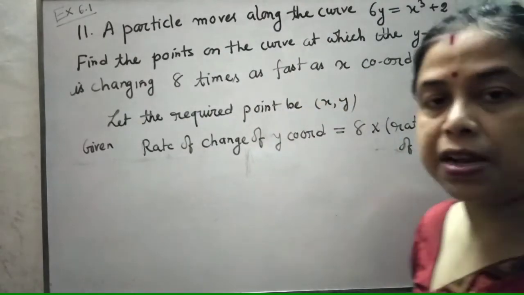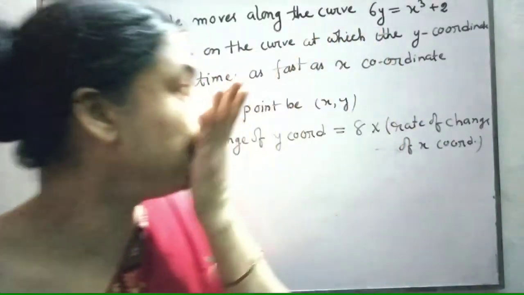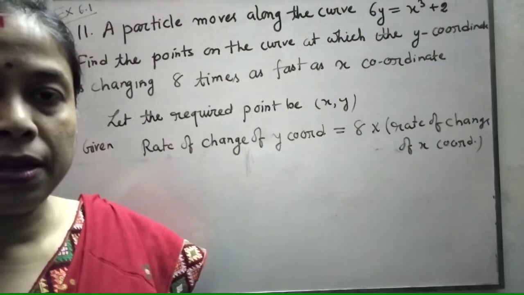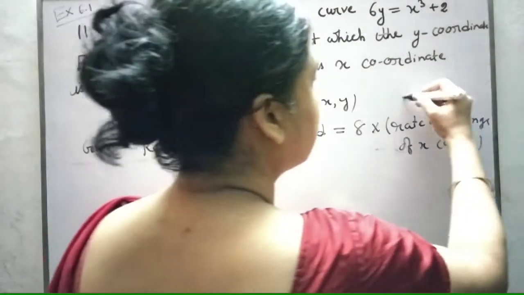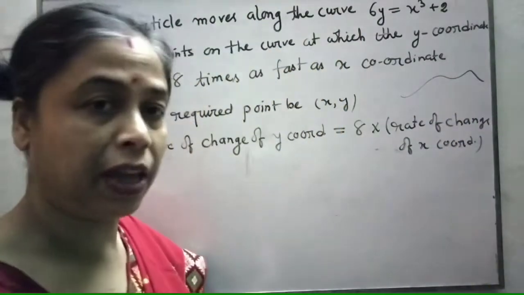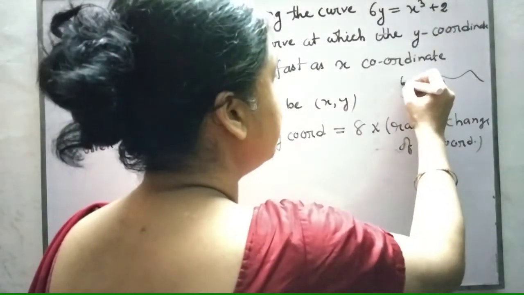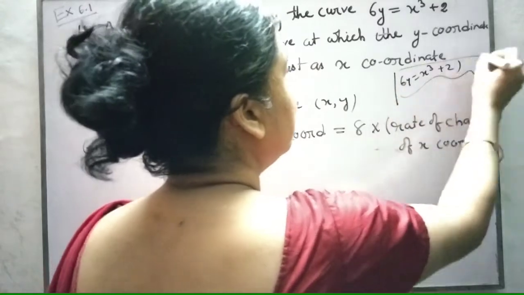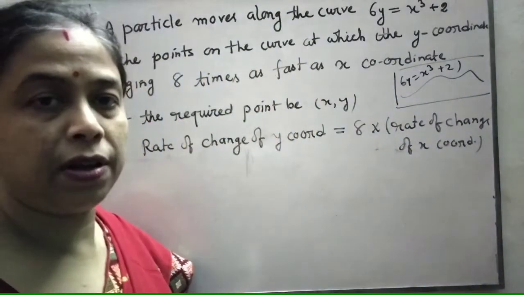So what is given in the question? A particle is moving along a curve. Suppose this is the curve, along this curve the particle is moving. The curve is given by 6y is equal to x cube plus 2. This is the equation of the curve.